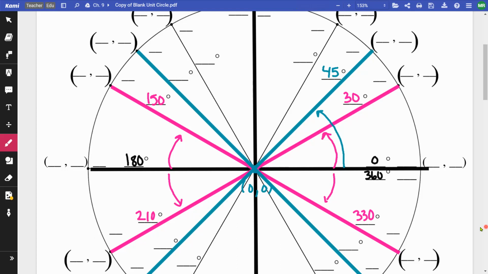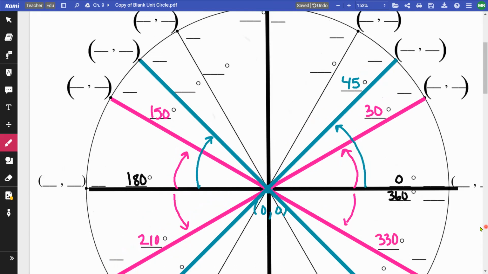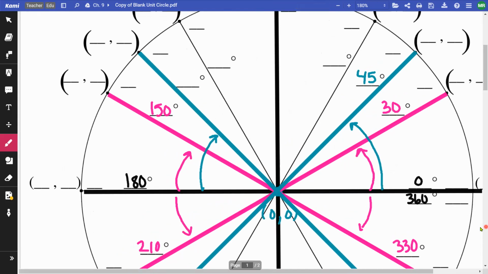Well, over here, I'm going to be 45 degrees short of 180. So that's going to put me at 135 degrees. I'm basically just taking 180 minus 45.